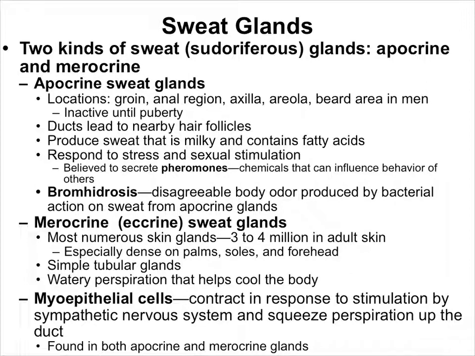It has since been discovered that apocrine sweat glands actually work through a merocrine methodology. They just make vesicles, and then they secrete those vesicles through exocytosis, the same way merocrine sweat glands do. However, the name has stuck. So even though it's called an apocrine sweat gland, remember that it actually doesn't work through an apocrine methodology.